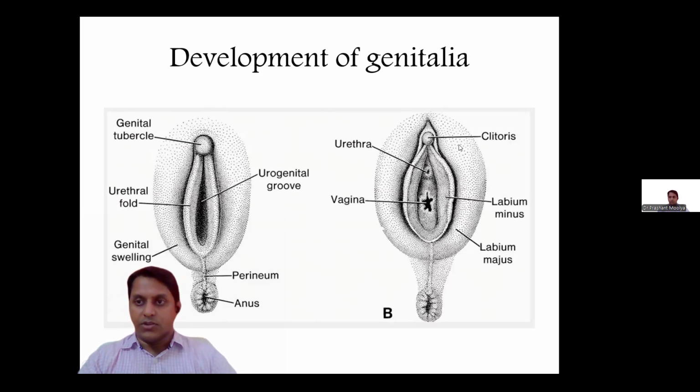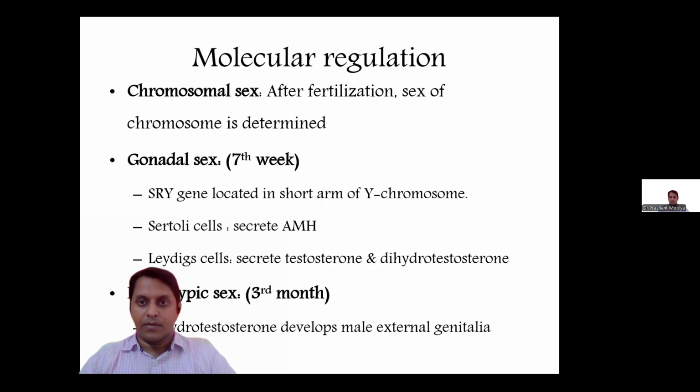So differentiation of male or female genitalia happens at around the third month of intrauterine life of the fetus. So let us have a look at the various sex differentiation which is happening. The chromosomal sex is determined just after fertilization, where the Y chromosome determines the sex of that individual.